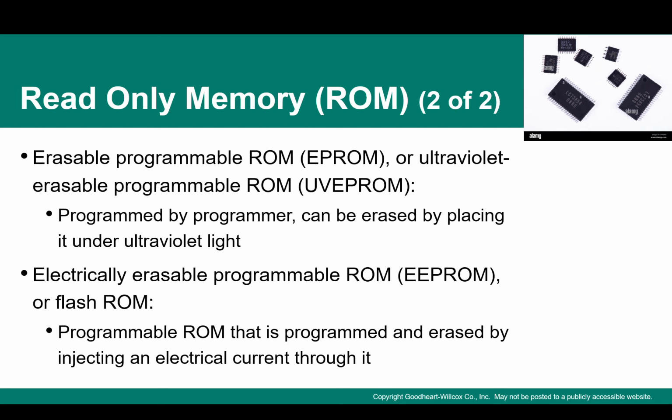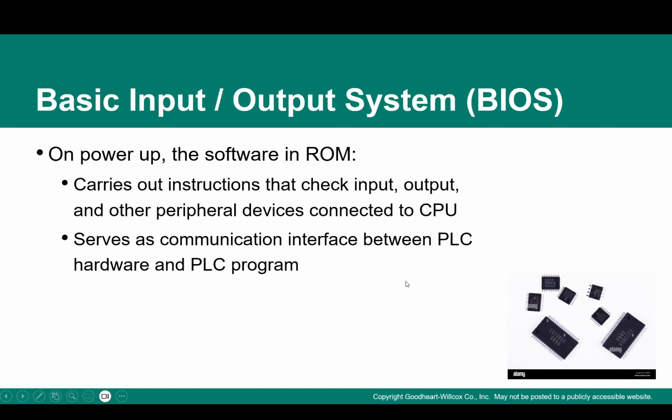The other one is electrically erasable programmable ROM, which is programmed and erased by injecting an electrical current, rather than using ultraviolet light. You can electrically erase such EEPROMs as well. Sometimes they are also called E squared PROMs, E2 PROMs. Another very important term is BIOS, which stands for Basic Input Output System.